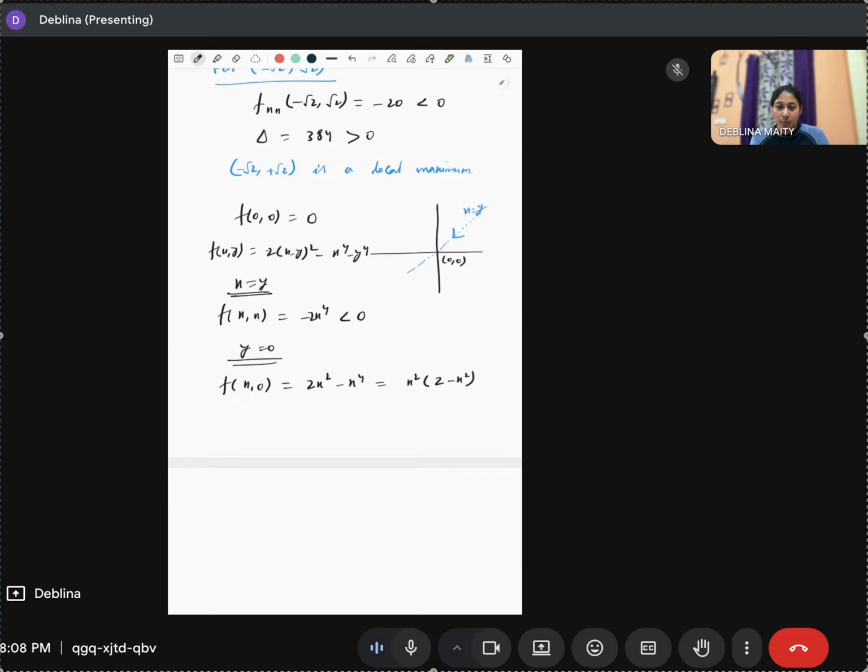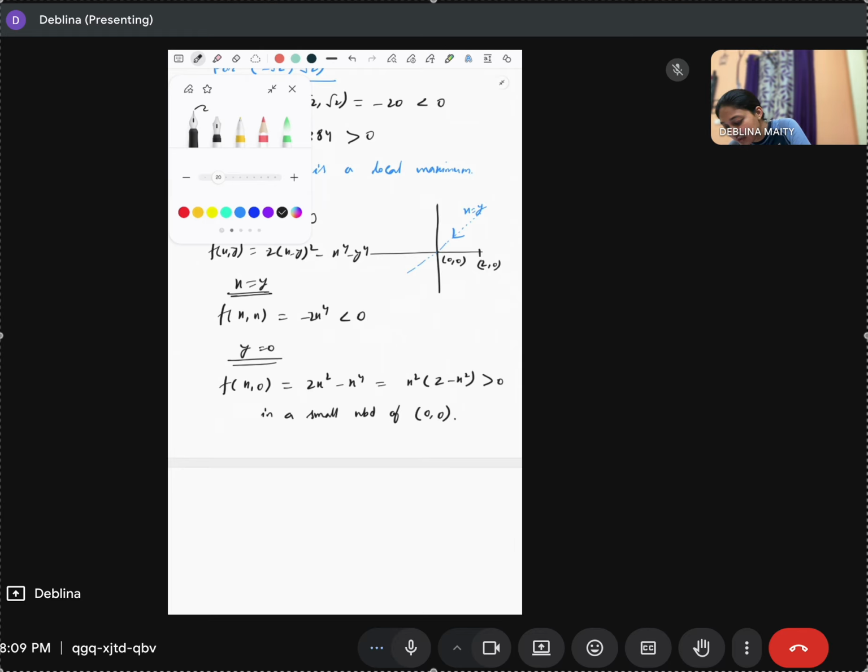Now if we take a small neighborhood of 0 0, this will be positive, since 2 will be greater. Suppose 2 is here, 2 0, and we are taking this small neighborhood.